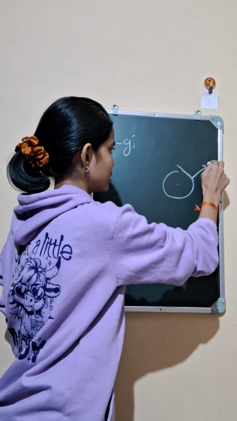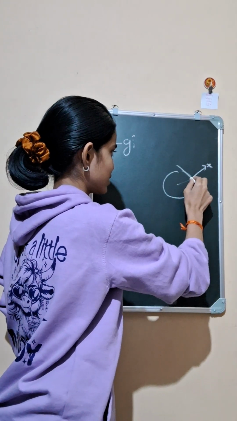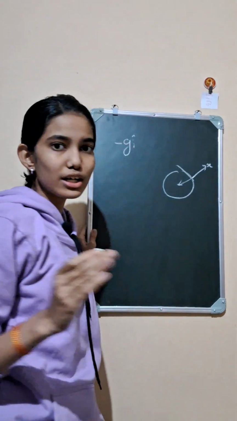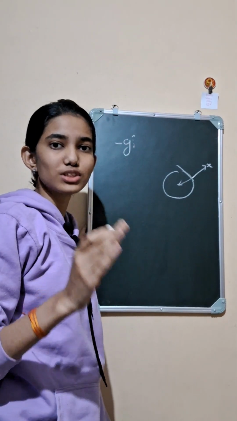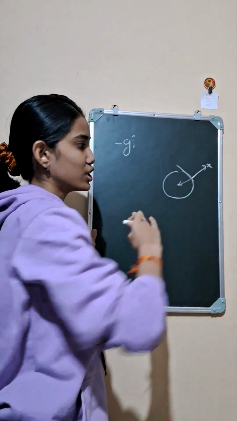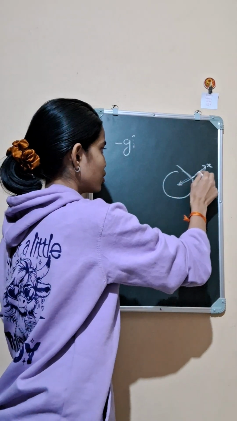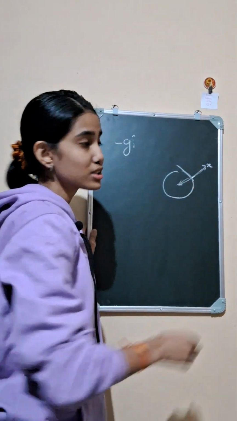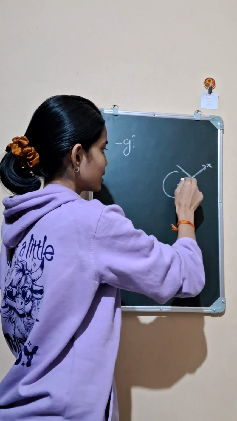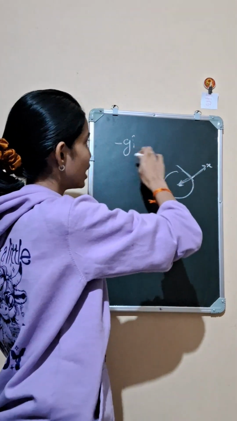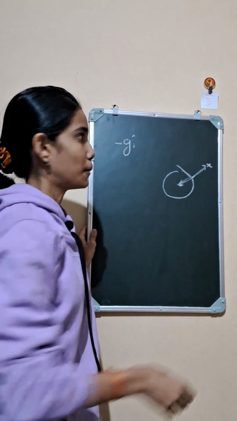If we take this x-axis, this will be the minus x-axis, and we know that the gravitational force acts along the line joining the center of two bodies. If a body is falling from here, the force will act along this line towards the center, so it will have a minus i cap direction.